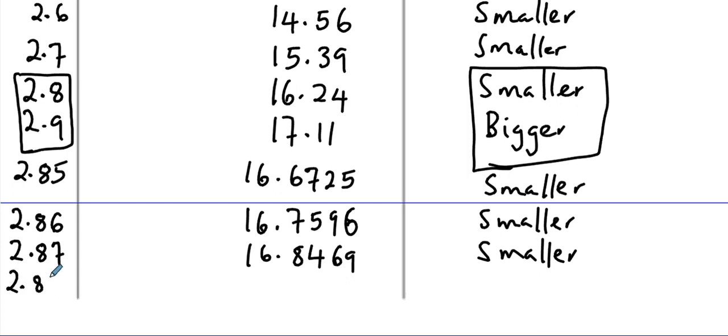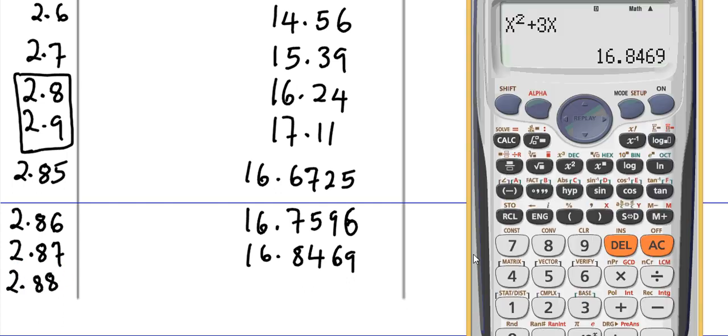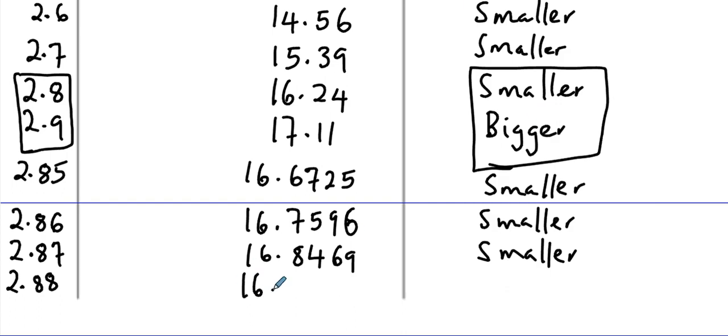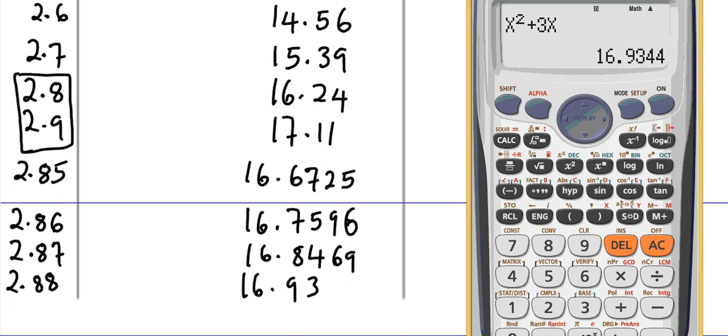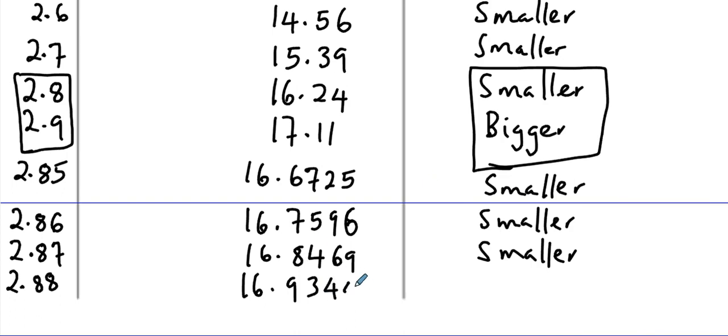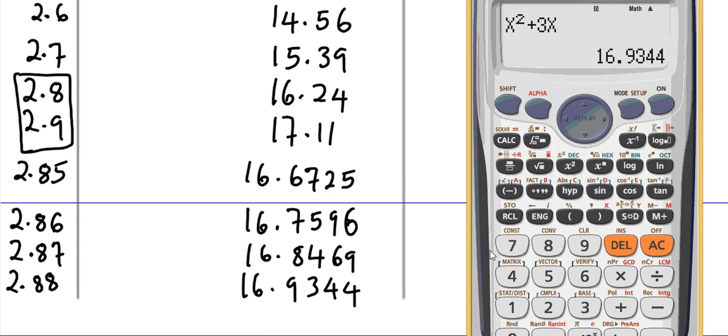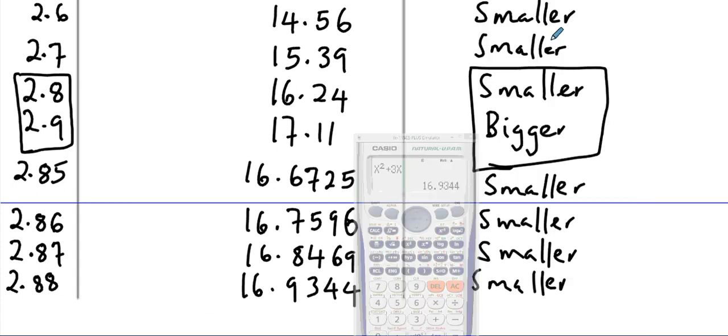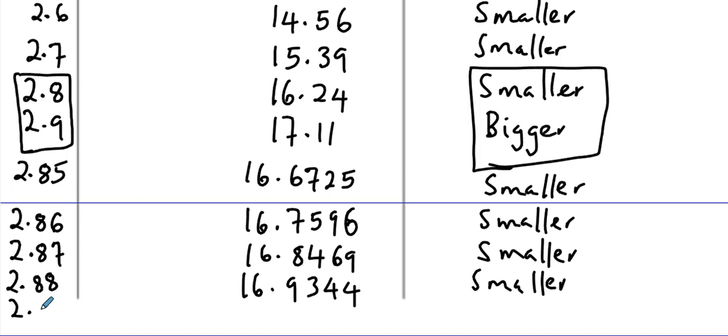And let's try 2.88. We are getting 16.9344, which is still smaller than 17. And we are going to try 2.89.